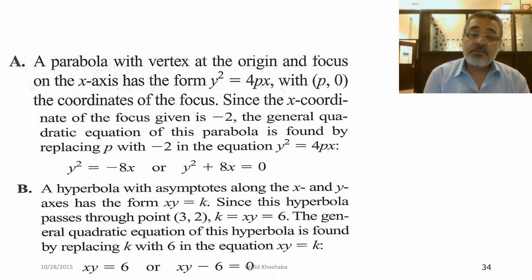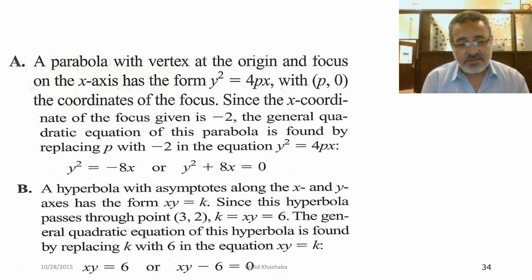That's why we're going to plug in 3 instead of x and 2 instead of y. Then xy will be 6. Then the general quadratic form will be xy equals 6, which means that k is 6, or xy minus 6 equals 0.